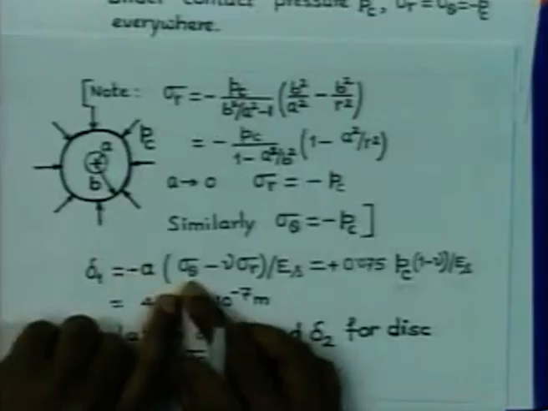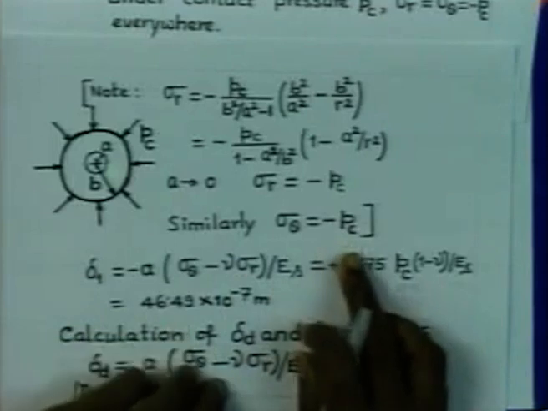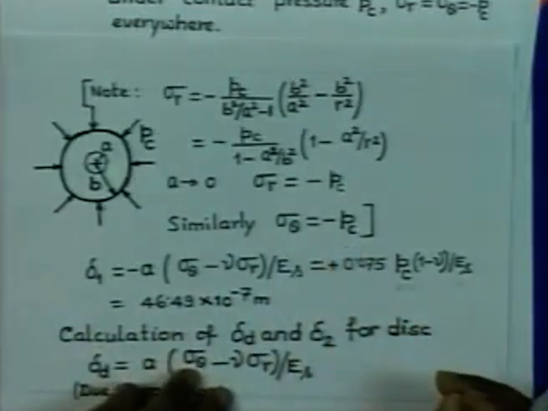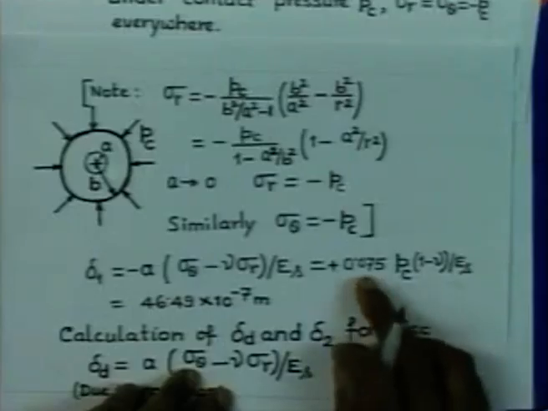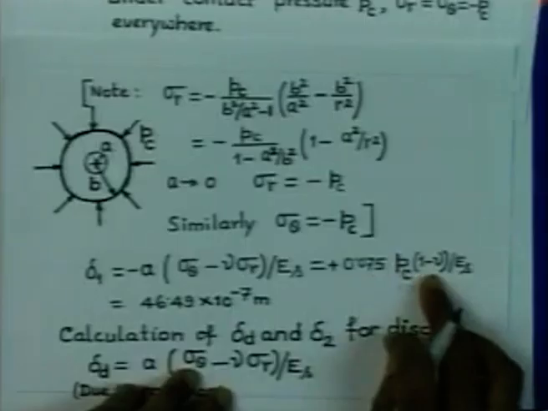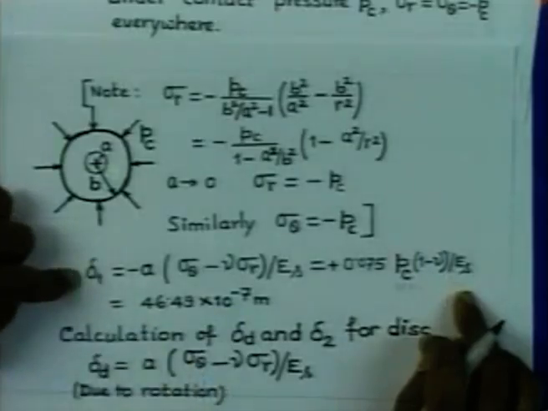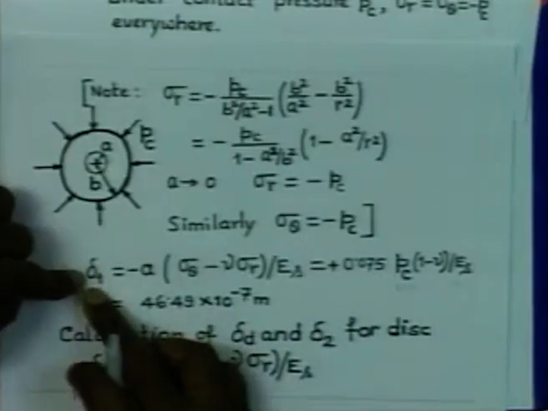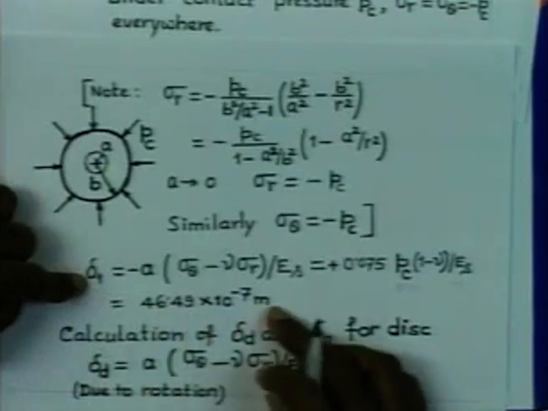So, therefore, it is minus A into (sigma theta minus nu sigma r) by Es, and Pc we have obtained as 18.95 MPa and value of A is 0.075 meter and nu is 0.3 and Es is 214 GPa. So, if we substitute the value of all these, we get the change in the radius of the shaft as 46.49 into 10 to the minus 7 meter.